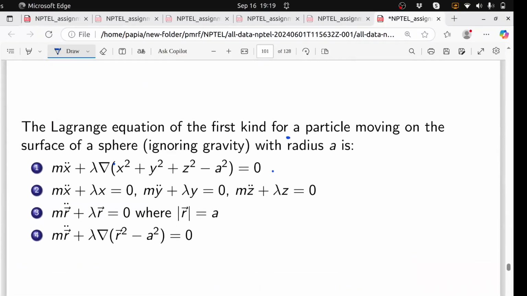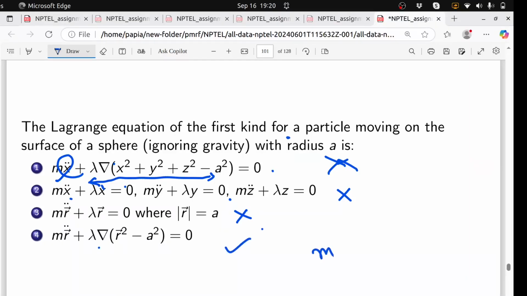Now come to the options here. See the first option. It is similar but not exactly correct, because you can see that there is x double dot, not r double dot, and here also it is not correct. The third one is also not correct. Now this one is correct.